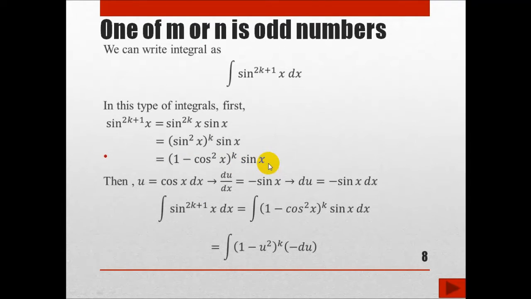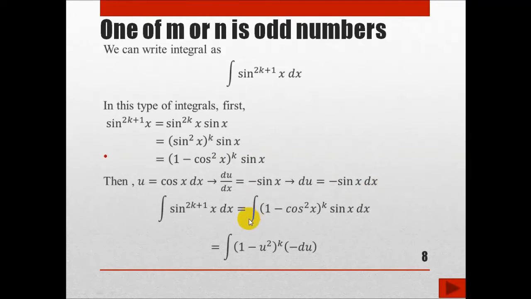And then here we can use substitution. For example, we let u be equal to cos x. So the derivative du over dx is equal to minus sin x, and then du is equal to negative sin x dx.